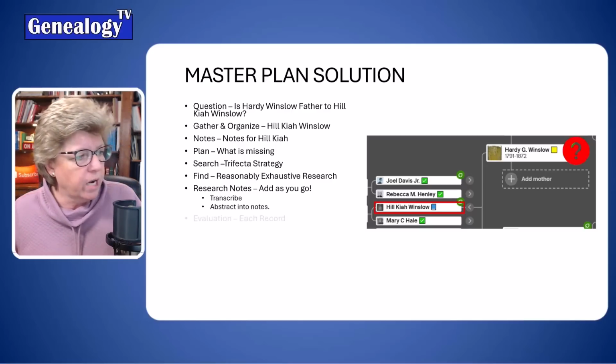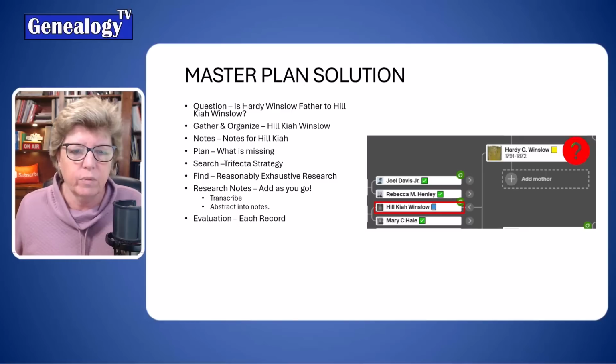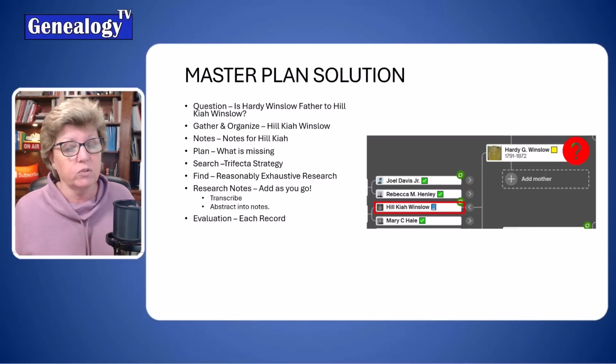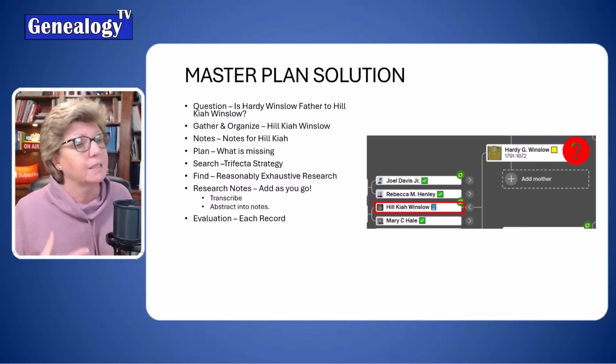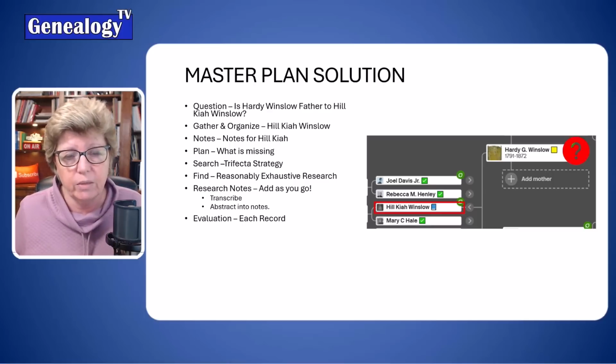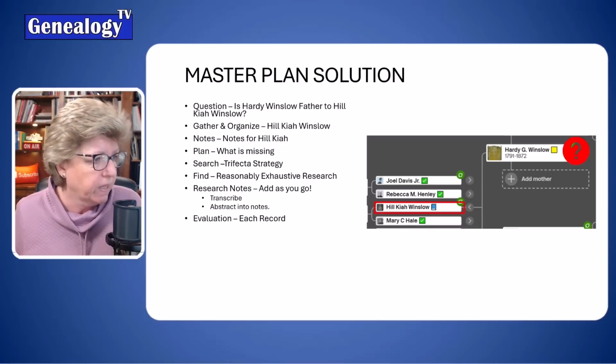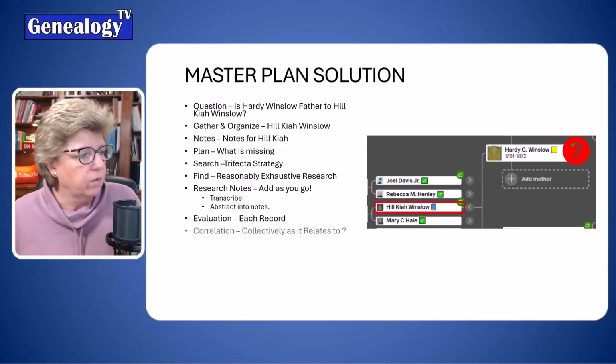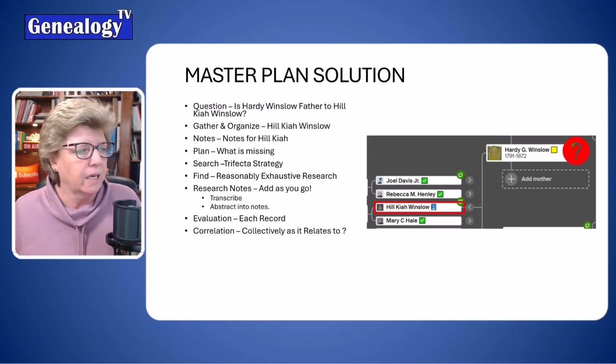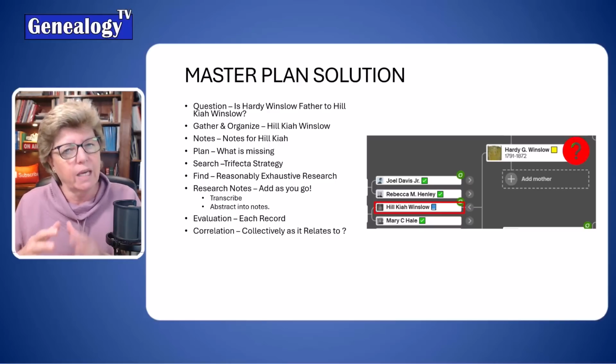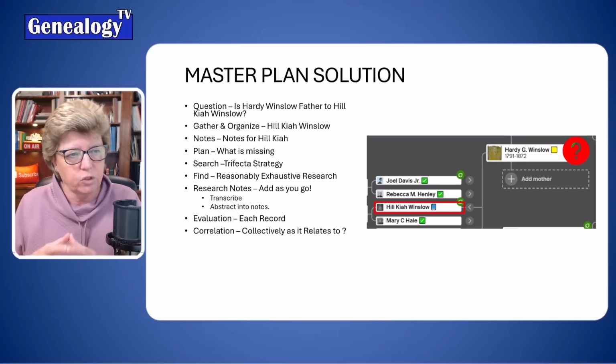So you want to transcribe and abstract your information into your research notes. Now, I don't put full transcriptions in my research notes, just FYI. I usually do that in a separate document. Sometimes I will put it into my research notes if it's not too long. Then we're going to evaluate those records. We're going to correlate the collection of records, but only as it relates to our research question.